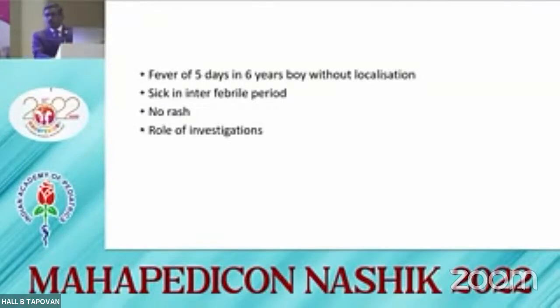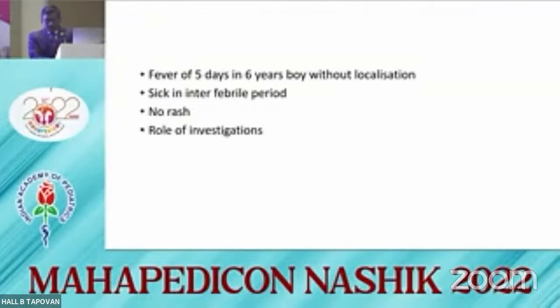And the famous quote on misapproach by Dr. Ambedkar sir: we shouldn't manage first, then investigate, and then ask for signs and symptoms about why you are not improving. So this child had no rash. What investigations are we going to do in this child?